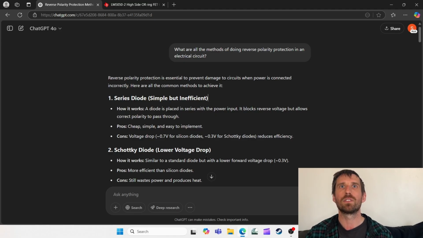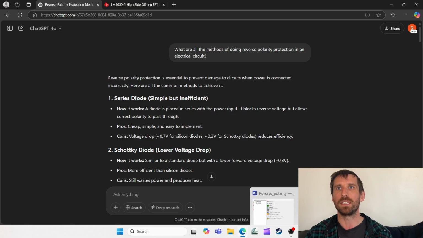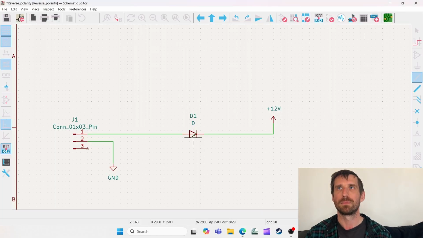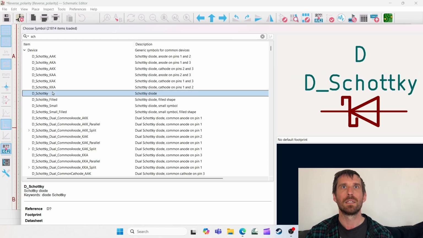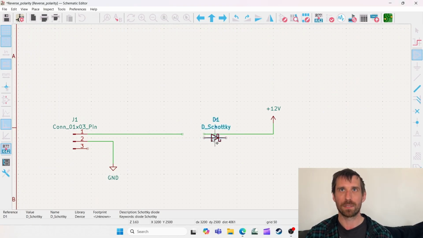Item 2 here, same theme, but with the Schottky diode. So this one's easy. So what we can do is just take that out, add a Schottky diode right there.